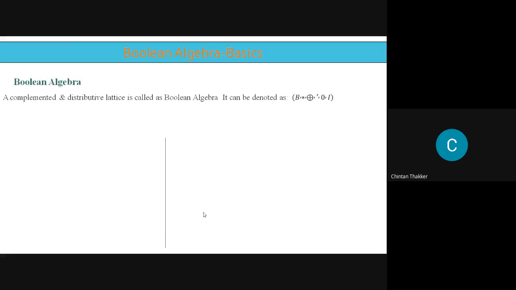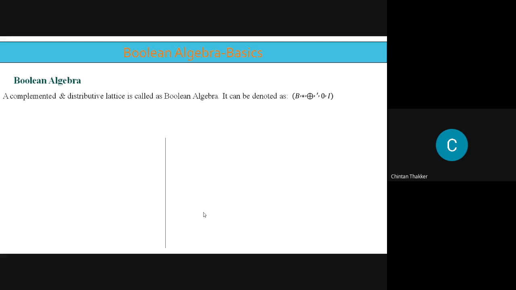So the definition is: a complemented and distributive lattice is called a Boolean algebra. Totally we have 6 conditions here.